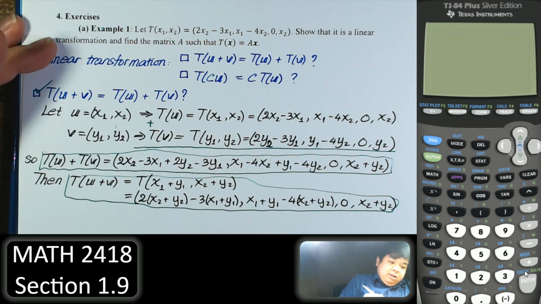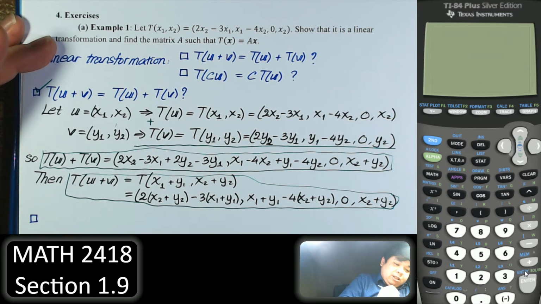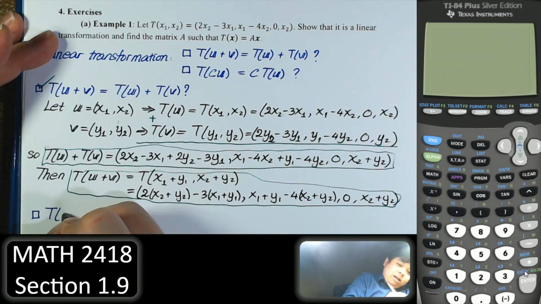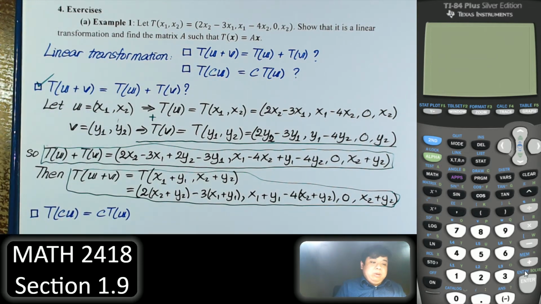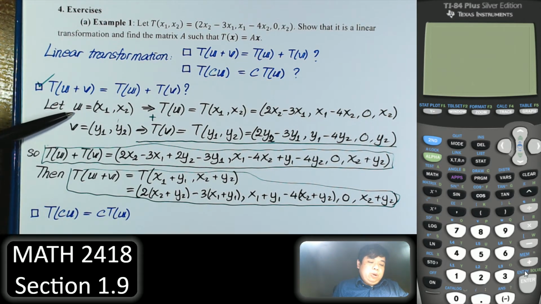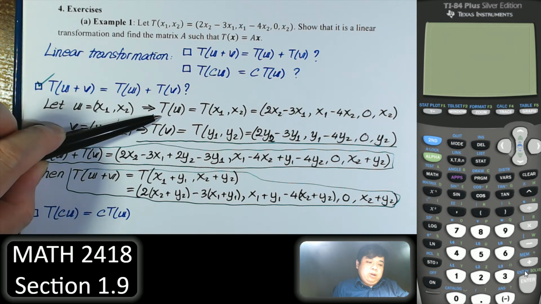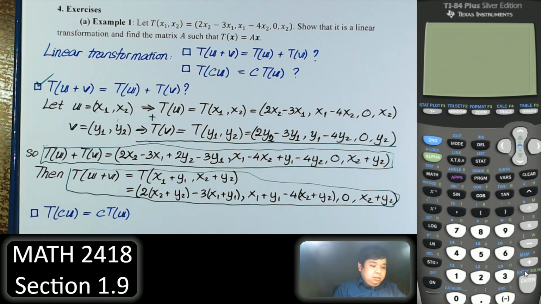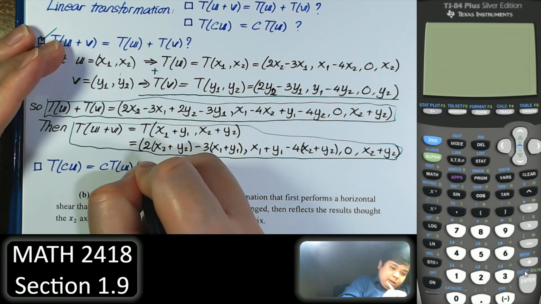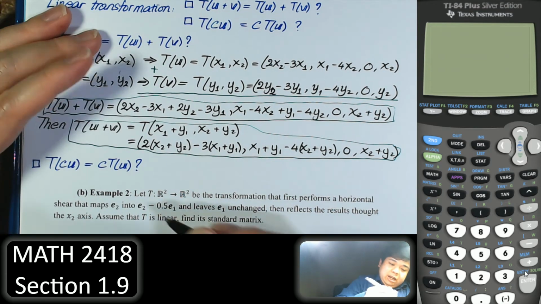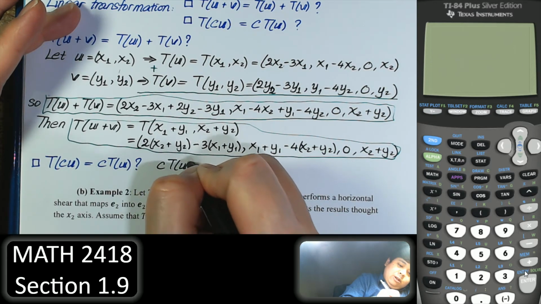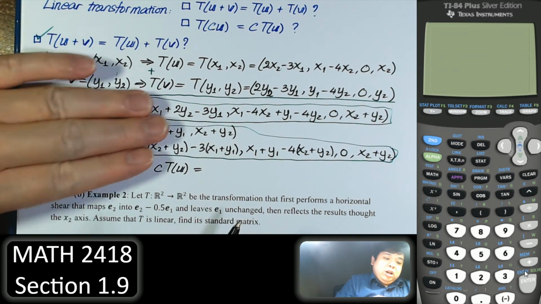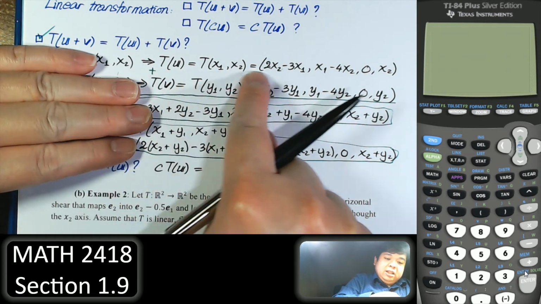And then we do the second check. Is T of cu equal to c of T of u? Now, this will be easy. This is u, and this is T of u. So I would say c of T of u equal to. So what I do is I just multiply c to everything here.